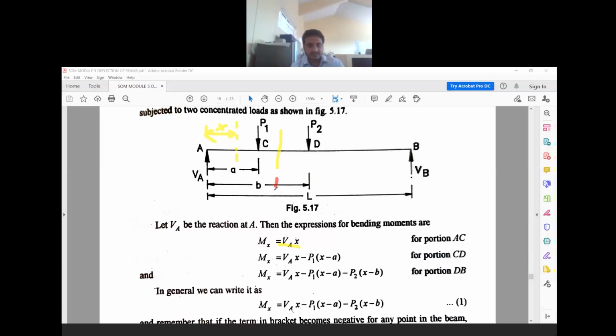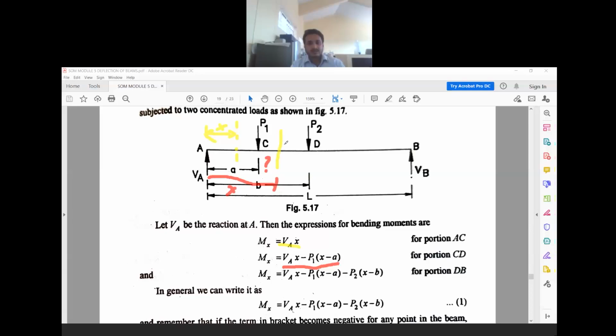So this will be the distance x now. If I take x minus a, I will get the remaining distance of where P1 will be acting from this section. So that is what we have done here. So this is VA into x minus P1 into x minus a. So this is the moment equation for portion CD.